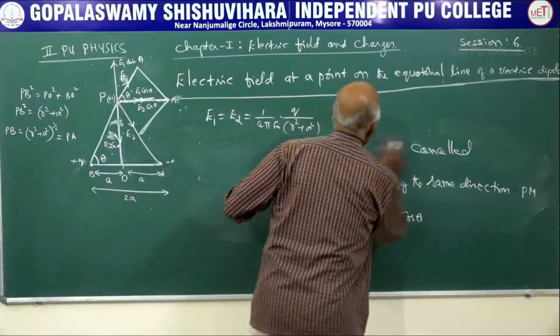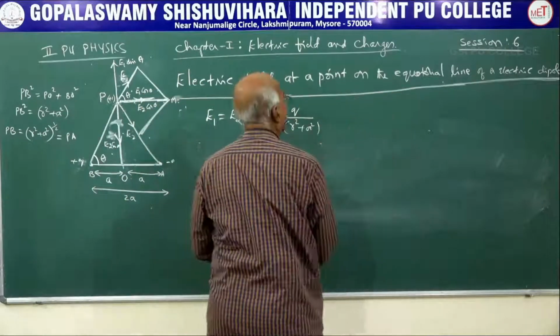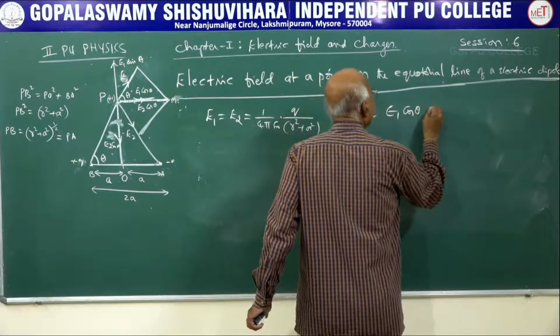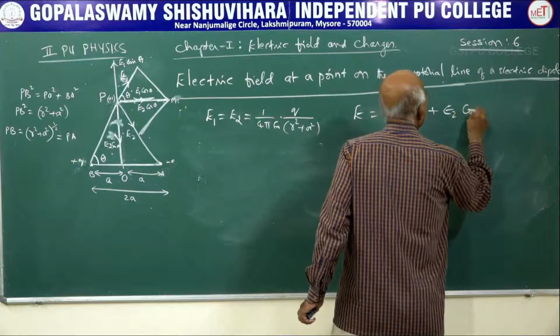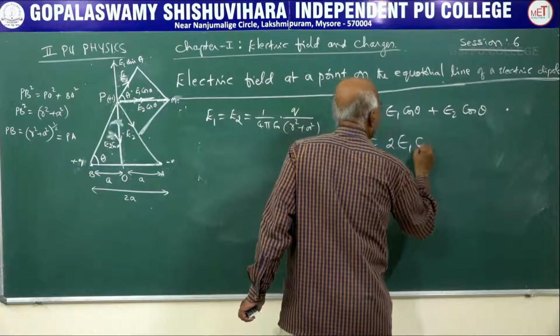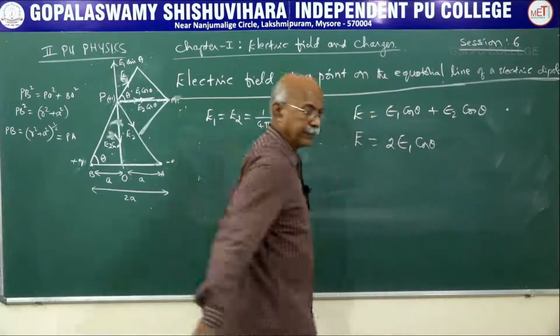Now if you represent the total electric field to be equal to E, therefore E is equal to E1 cos theta plus E2 cos theta. We can write that E is equal to 2 times E1 cos theta, or E2 cos theta.